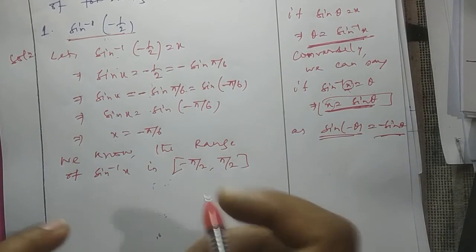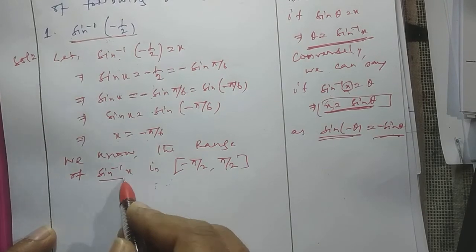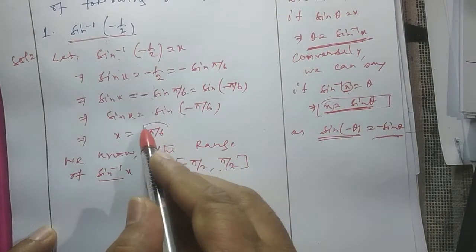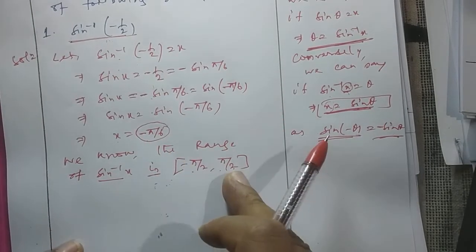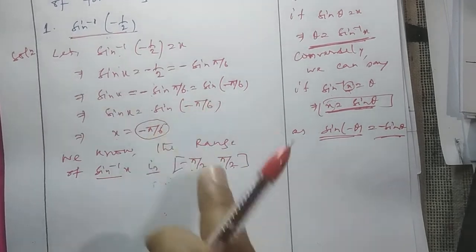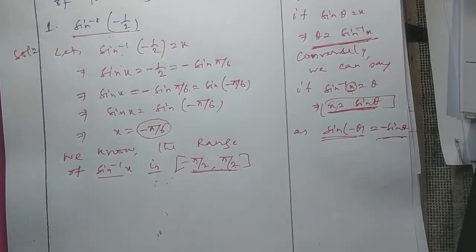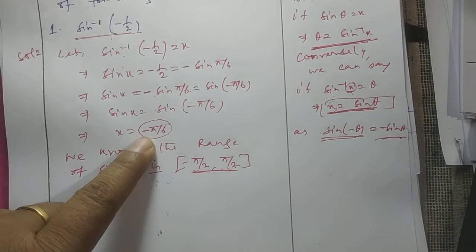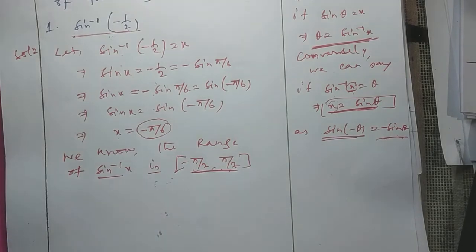Now we have to check whether this minus pi by 6 belongs to this range or not. If it belongs, it is the required PV, the required answer. Otherwise, we need to modify it to fall in the range.